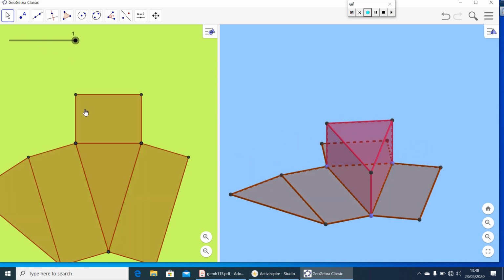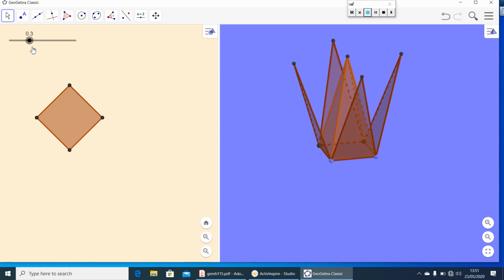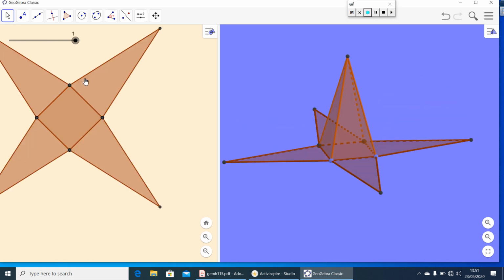So this is the net of this triangular prism. Here you have a pyramid. Now let us see its net. This is the net of a square pyramid.